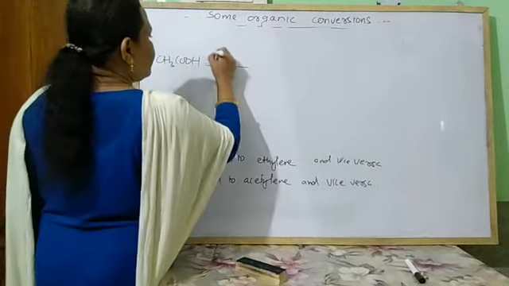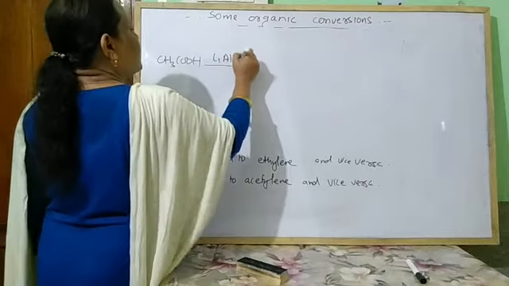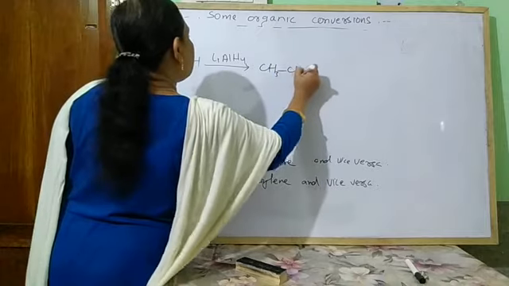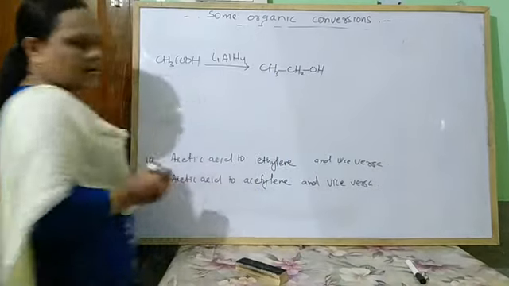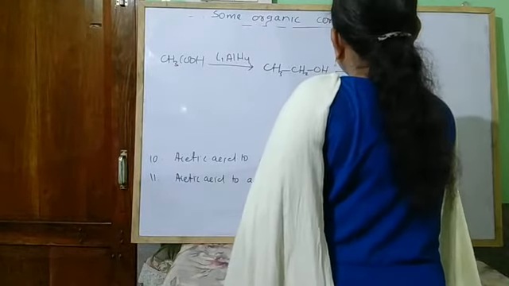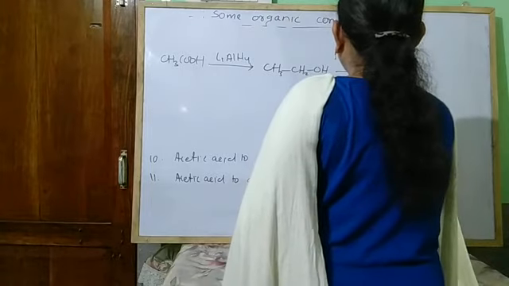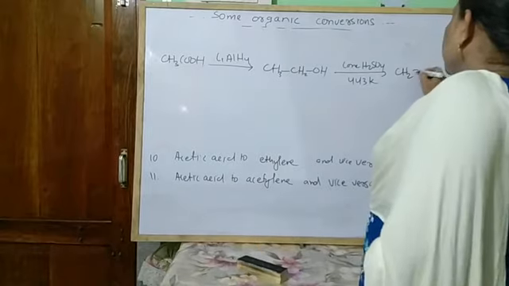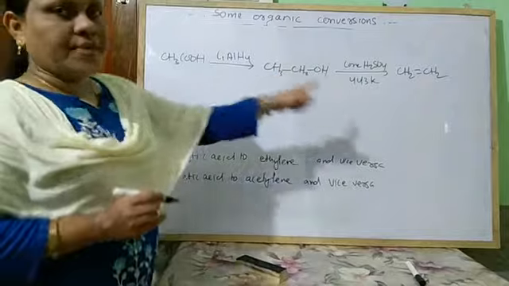So acetic acid, when treated with lithium aluminum hydride, forms ethyl alcohol, and when ethyl alcohol is treated with concentrated sulfuric acid at 443 Kelvin, H and OH are removed as a water molecule and it gives CH2=CH2. This is acetic acid to ethylene.